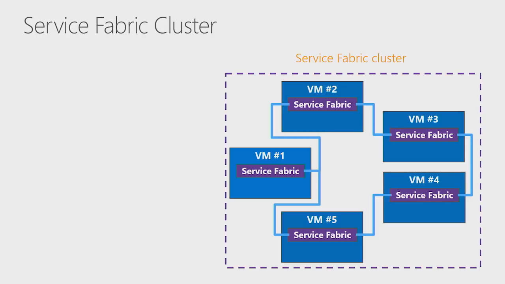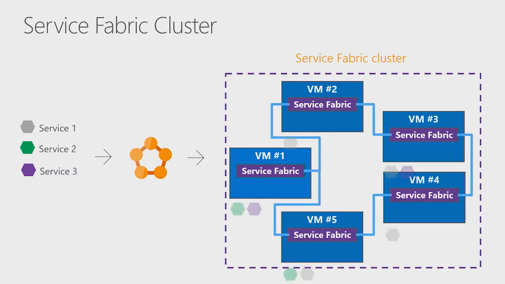And that comprises our Service Fabric cluster. We then take our services and talk directly to the Service Fabric APIs, and Service Fabric determines the best place to run the services. And in the case of a machine failure, Service Fabric will look at the existing machines in the cluster and then reschedule that workload out onto a machine that works best for it.